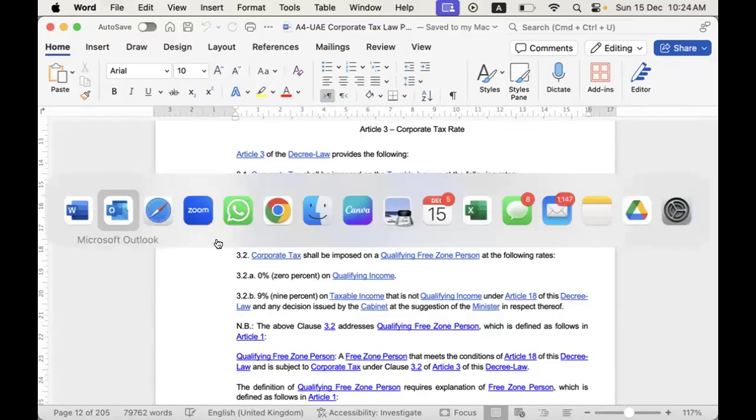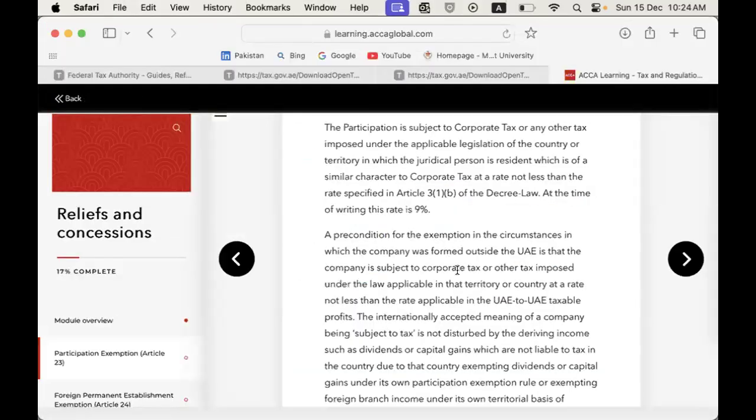So if we really look at it, basically what is being said is that the foreign jurisdiction where the company resides should at least have a 9% corporate tax rate. If the rate is below 9%, then the participation exemption will not be available in respect of those shares where this foreign company is established.